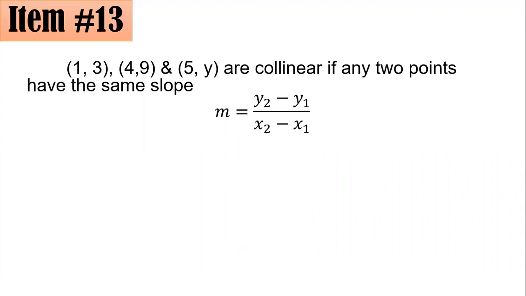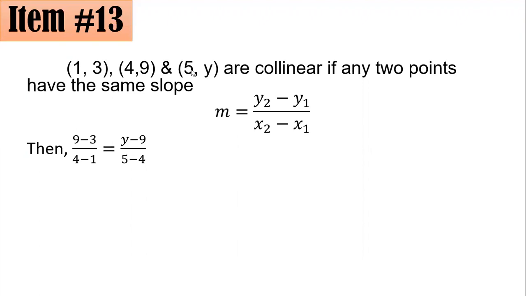And the formula for slope of 2 points is y sub 2 minus y sub 1 all over x sub 2 minus x sub 1. If I picked the first 2 points, so I have here, let's say this is x sub 1, y sub 1, x sub 2, y sub 2. By substitution, that becomes 9 minus 3 all over 4 minus 1.